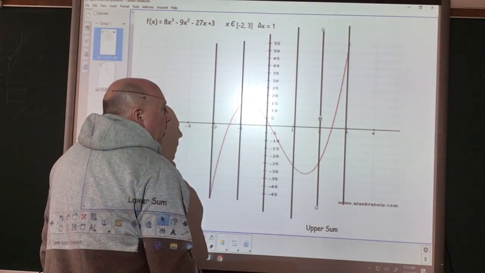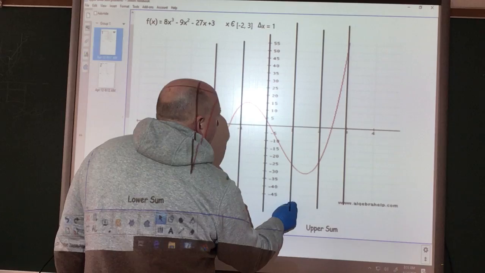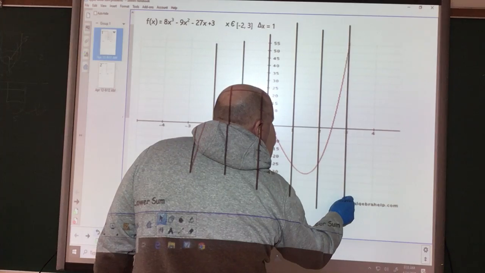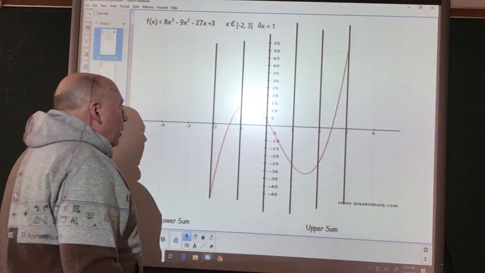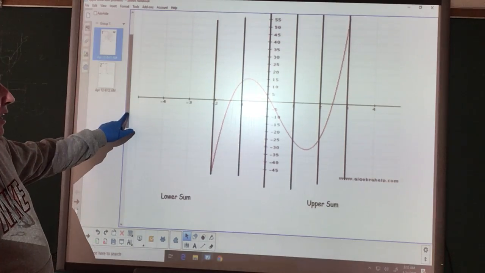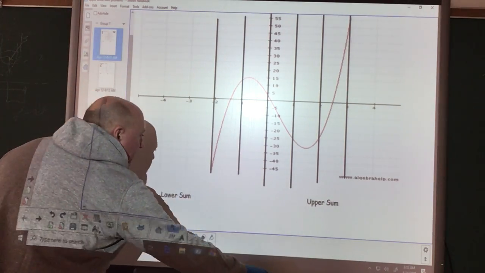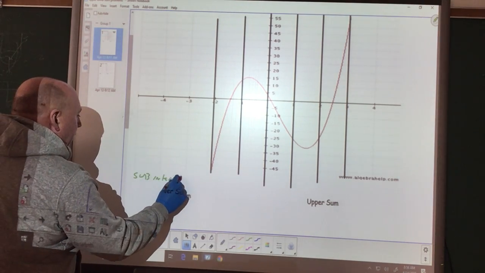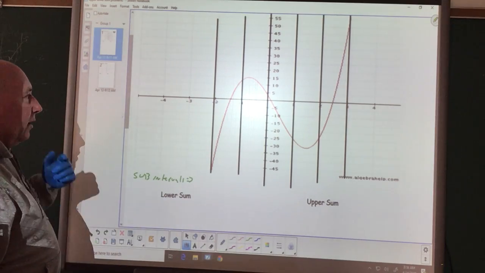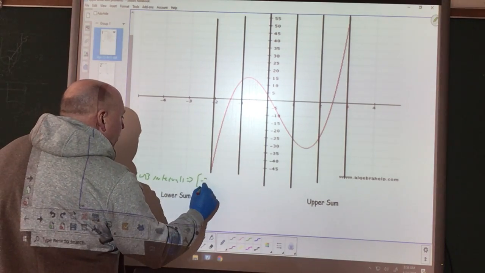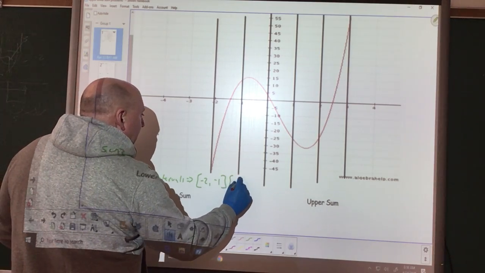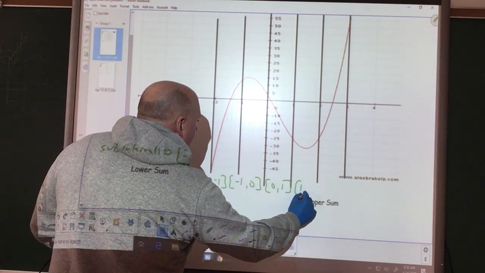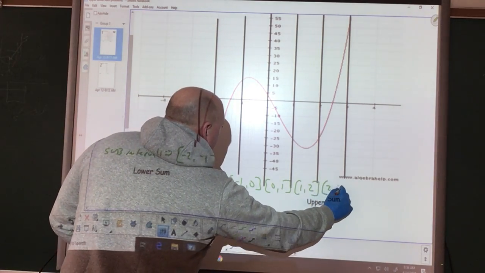There we go. Here's my partition values. Now if I take a look at my subintervals, and I suggest that you write these out, they are from -2 to -1, -1 to 0, 0 to 1, 1 to 2, and then 2 to 3.